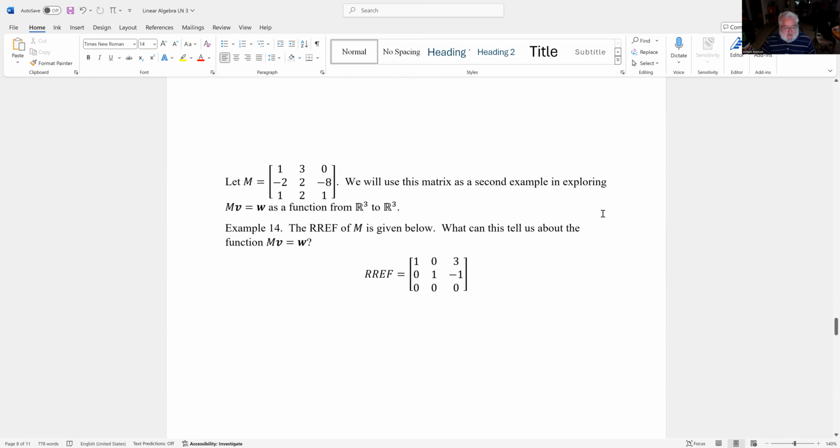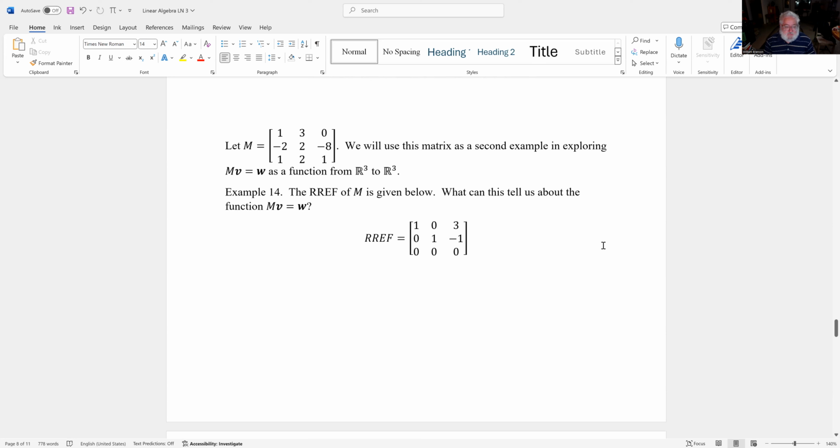So here's a second example. Here's the RREF. What does that tell us about the function? Well, here, M sub I and M sub J are linearly independent, but M times K is actually linearly dependent on M sub I and M sub J. So sometimes it's a little easier to call these vectors V1, V2, and V3, our column vectors.